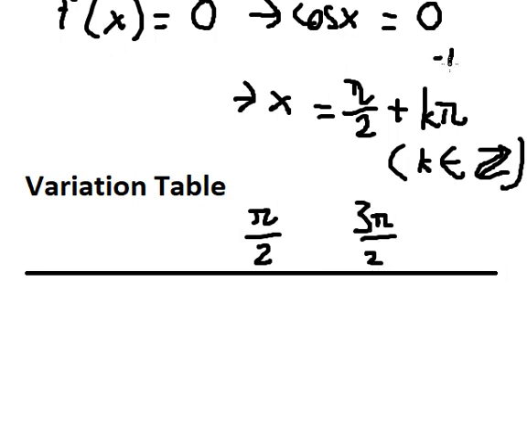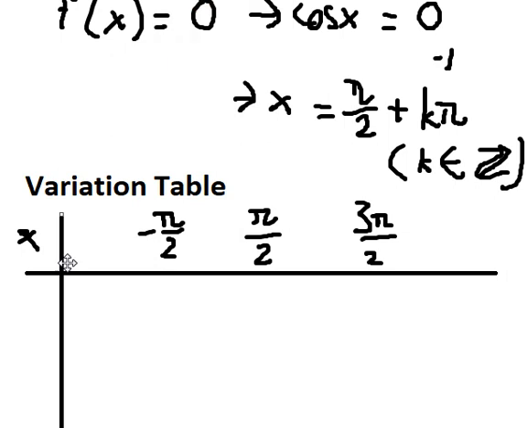And k equals negative 1, so we have negative pi over 2. So we have these values for s, and now I will just select this region here.